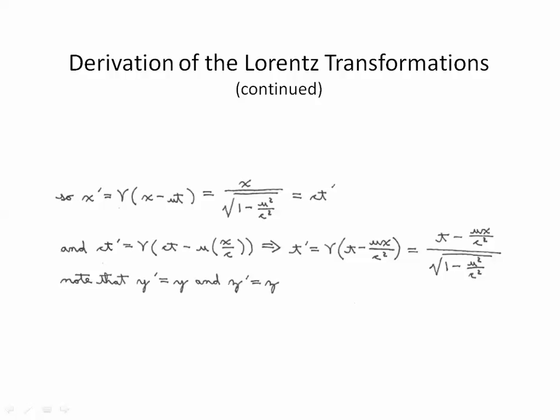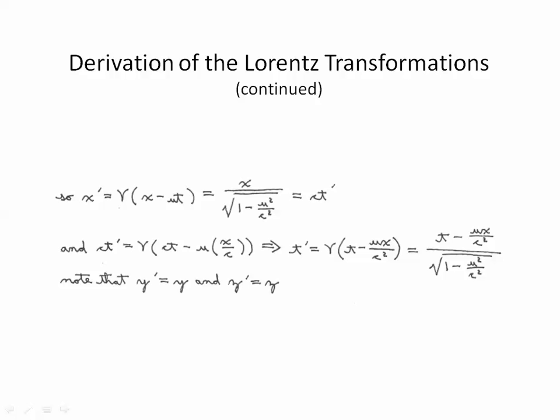Now that we have found x prime equals the quantity x minus ut divided by the square root of the quantity 1 minus u squared divided by c squared, we can proceed to find the expression for t prime in terms of t, u, x, and c. We have x prime equals gamma times the quantity x minus ut, which also equals c times t prime.